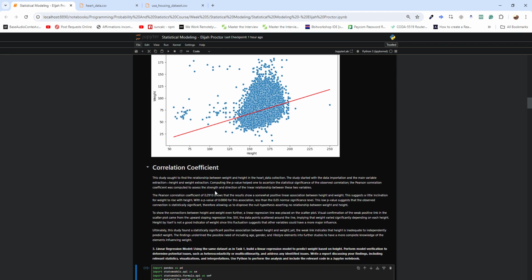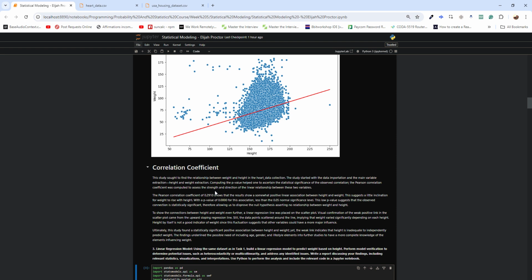Let's go over our report. Here we're aiming to find the relationship between height and weight using data from the heart dataset. After extracting the relevant data, we calculate the Pearson correlation coefficient, which measures how strongly height and weight are related.